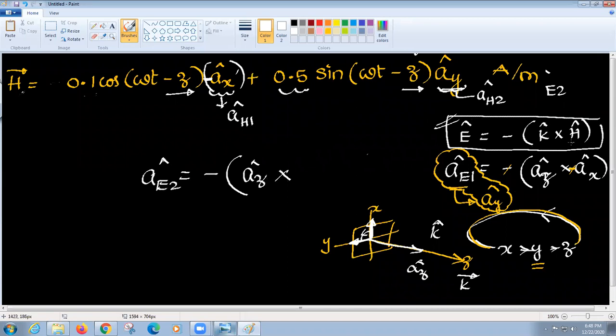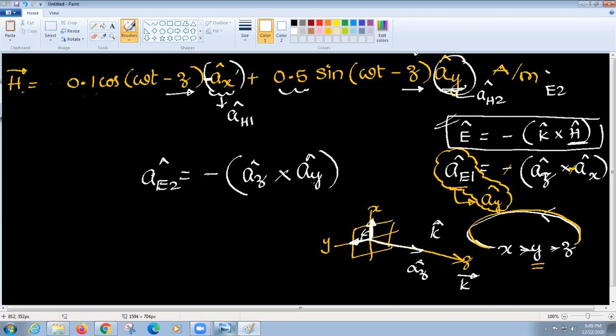Now, what is my AH2? AH2 is equal to AY. So I put my AY. Now you compare with this XY plane, transverse means perpendicular. Transverse to the XY plane, you have direction Z or direction K, whatever. Okay. So now you tell me, I have a negative sign here.